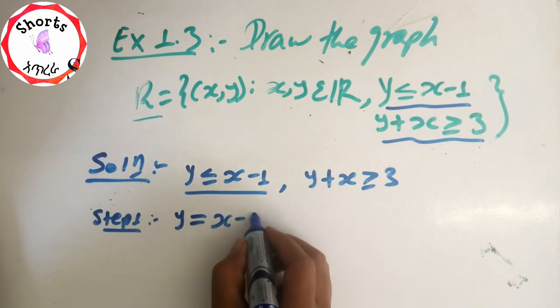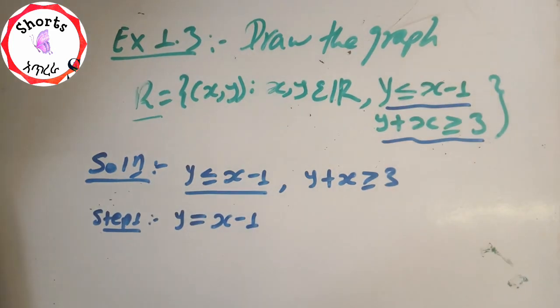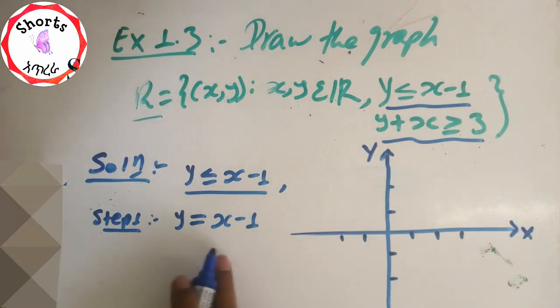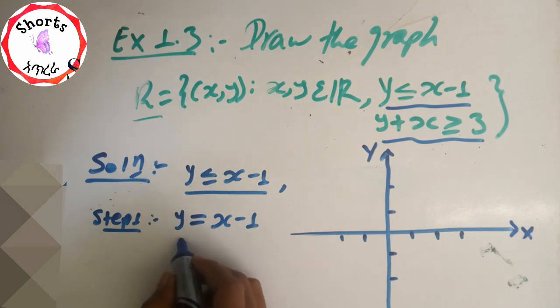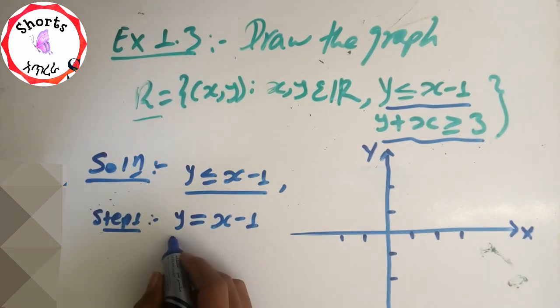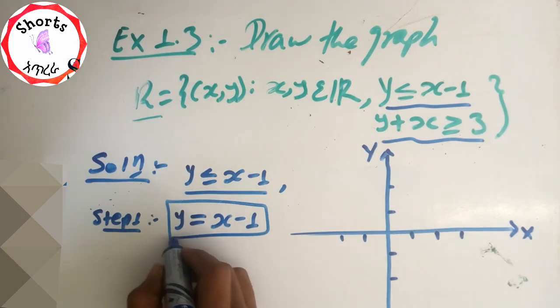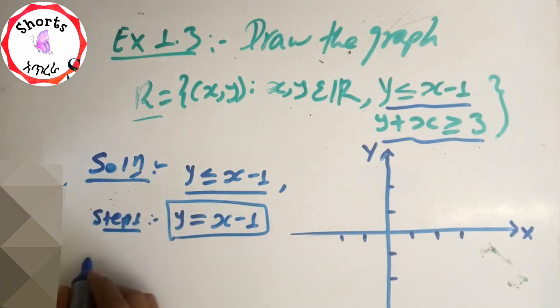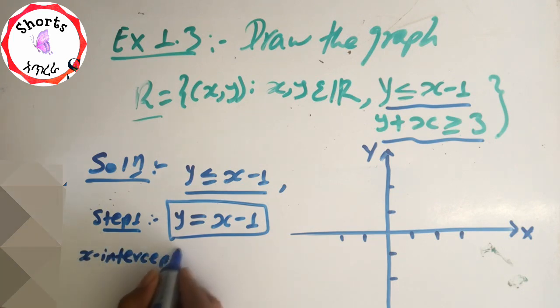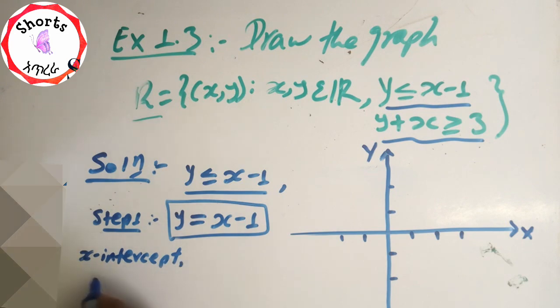ኢኳሊቲ ቨርዥን ነው ከዚህ የምንጠቀመው x − 1። ስለዚህ አስቀድመን y = x − 1 ግራፍ መሳል አለብን። ሊኒየር ግራፍ ነው። ግራፎችን ስንስል የሚያስፈልገን የመጀመሪያው ነገር x intercept እና y intercept ነው። First let us find the x intercept, which means the place where the graph touches the x axis.